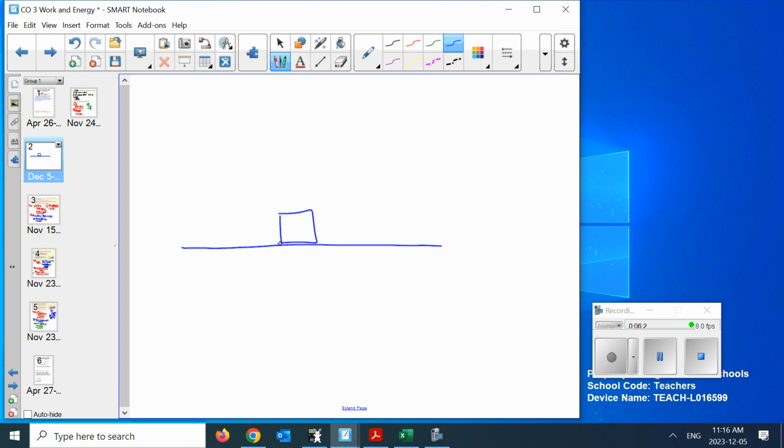We know the weight force is going to be mg. So the force of gravity is 9.8, and then there's the normal force. This is understood. Right now it's not moving, so no work being done, right? I'm pulling it.